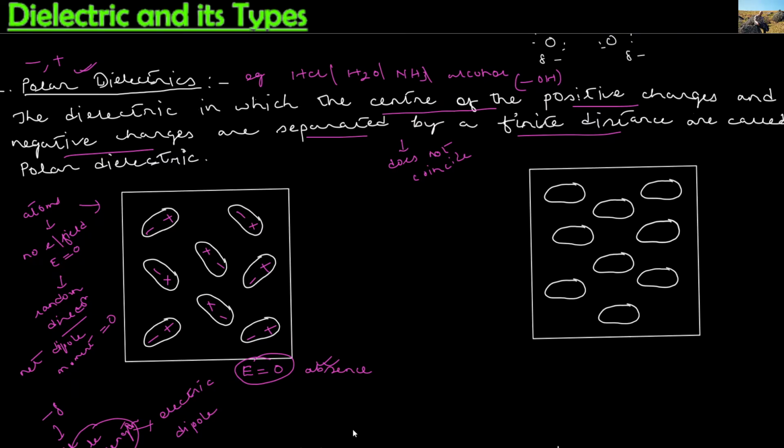Now, for instance, if I take this dielectric and place it between the plates of a capacitor, that means I have this plate of the capacitor and these are the plates of the capacitor.